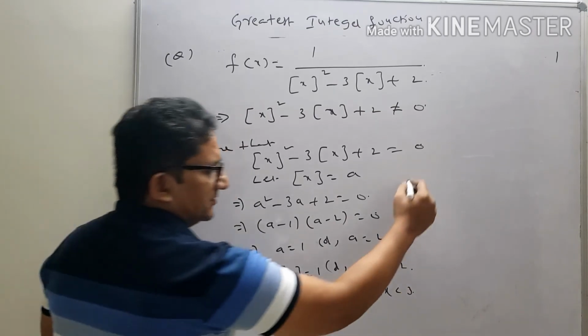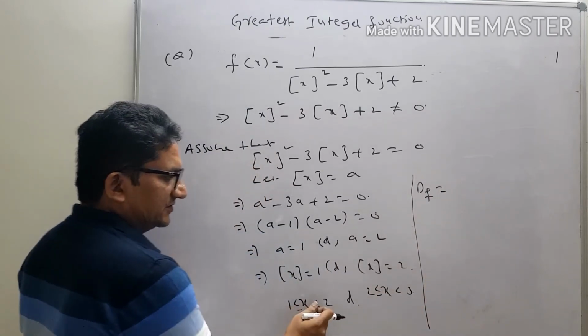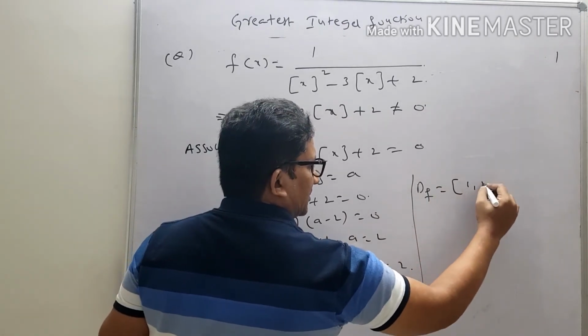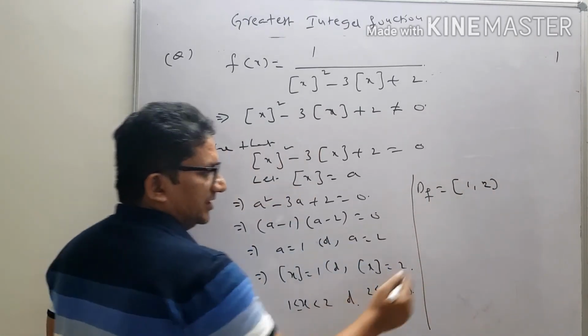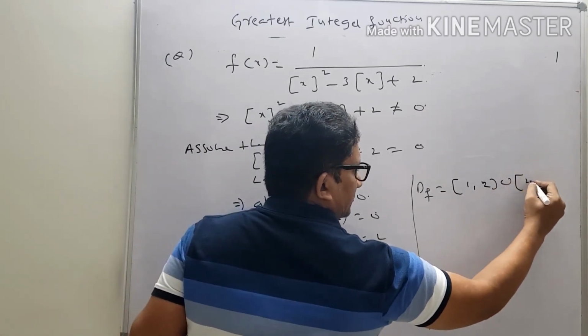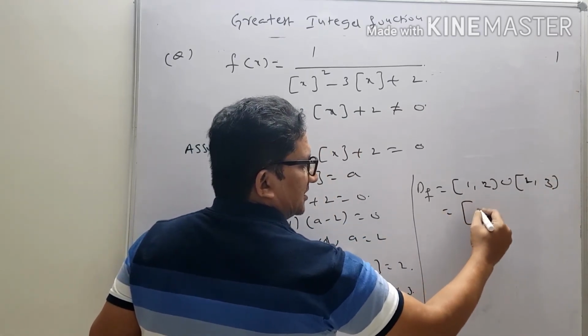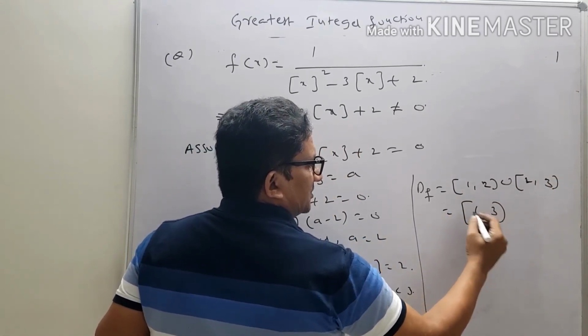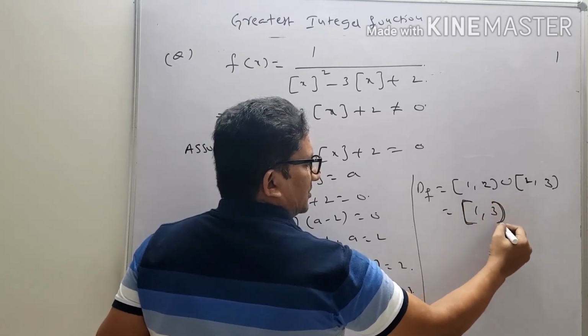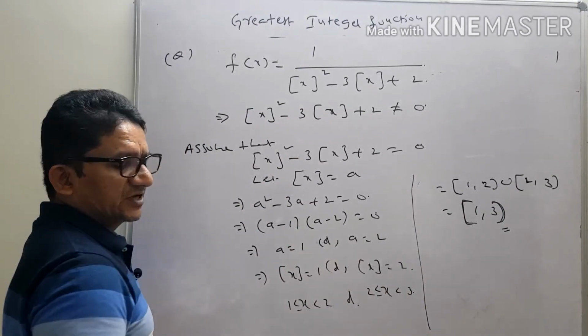Now the overall result: the first interval is in between 1 comma 2, union the second one in between 2 comma 3. So overall we can write this result as in between 1 comma 3, closed here and open here. This is not the domain, this is the solution of the equals-to-0 case.